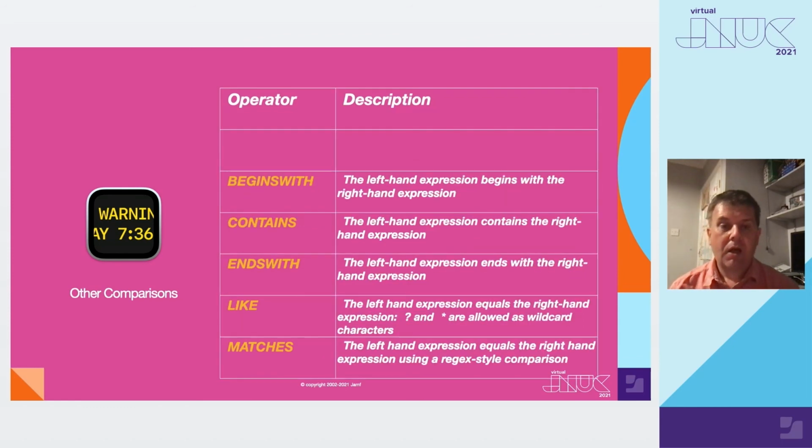And likewise, we saw begins with, contains, ends with. We've got like, which is quite useful. That will let you use wildcard characters like question marks and asterisks. And if you're into regex, you can use matches, so you can specify a regex string to do your comparison as well. So yeah, lots of options to do your searches with.